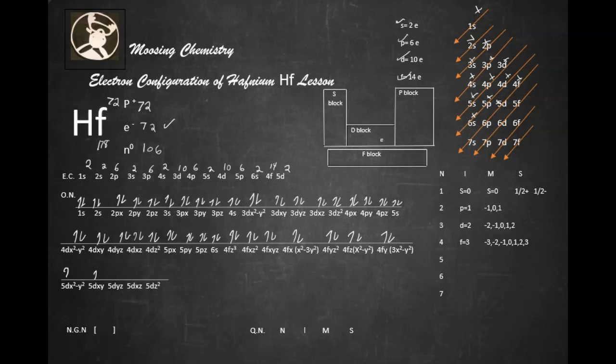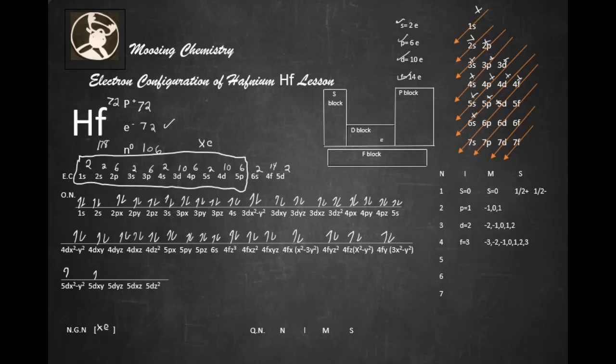Now, our nearest noble gas to Hf is going to be Xe. So we're going to put Xe right there. This is noble gas notation. It's kind of like a shorthand version of electron configuration. And we know that this right here is Xe's actual electron configuration.